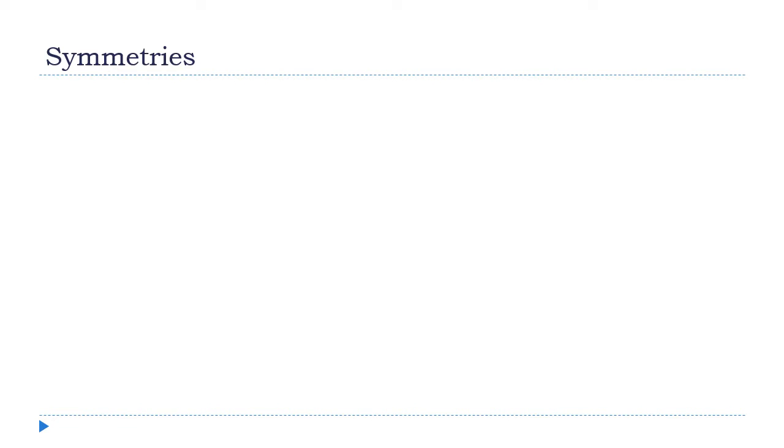Remember we talked about symmetries, hopefully in maybe a college algebra class. You talked about symmetries with rectangular coordinates, right? For example, a graph could be symmetric with respect to the y-axis or the x-axis. And you have some rules that you look for, some properties that you look for. For example, a function is symmetric with respect to the y-axis if for every x, f of x equals f of negative x.